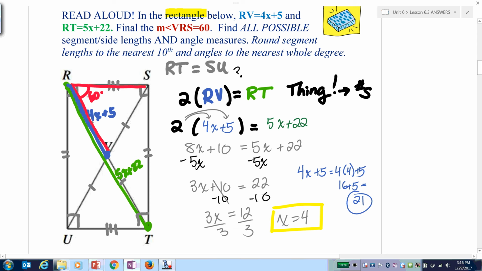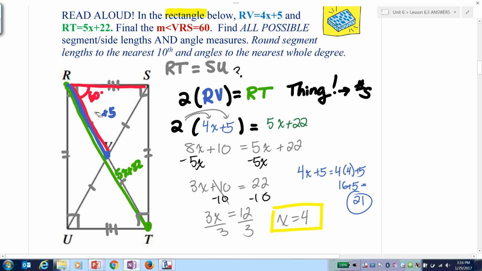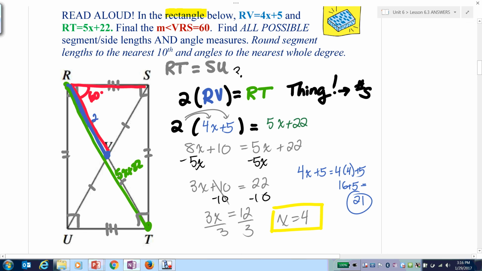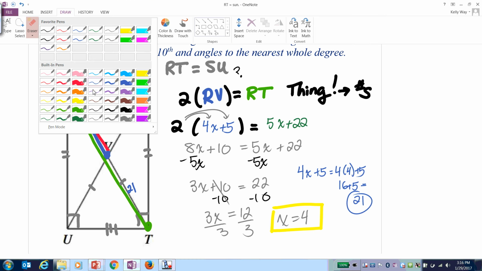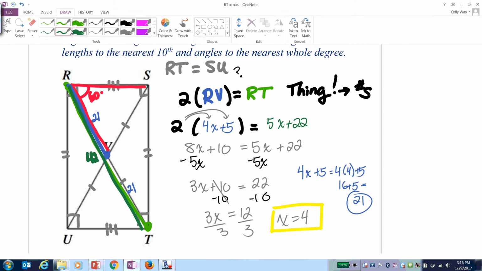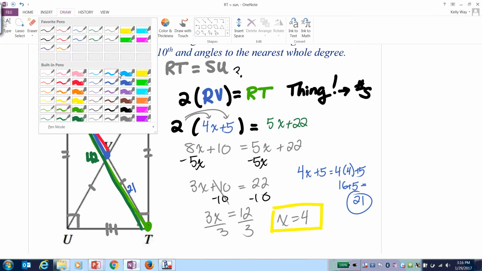So we just found right here that that's 21, which makes this 21. Which makes this entire green length 42. And then, of course, if you go this way, it's also 21 and 21 as well.